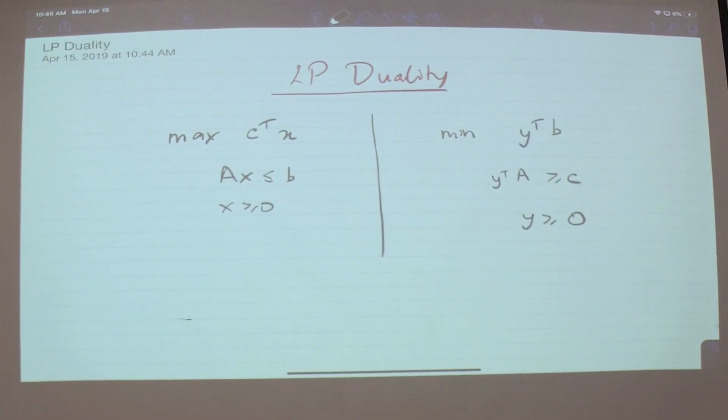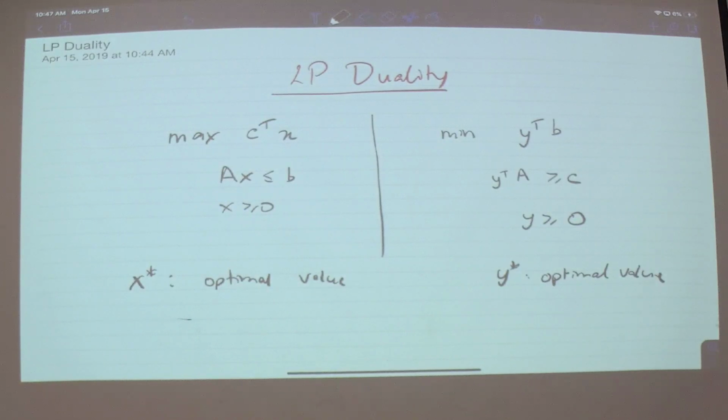And the way in which they're connected that I talked about last time was that if we look at, so let x star be the solution that gives you the optimal value here, and y star be the solution here, right?